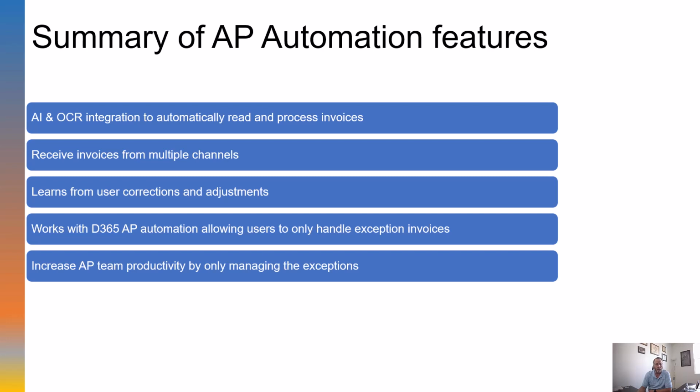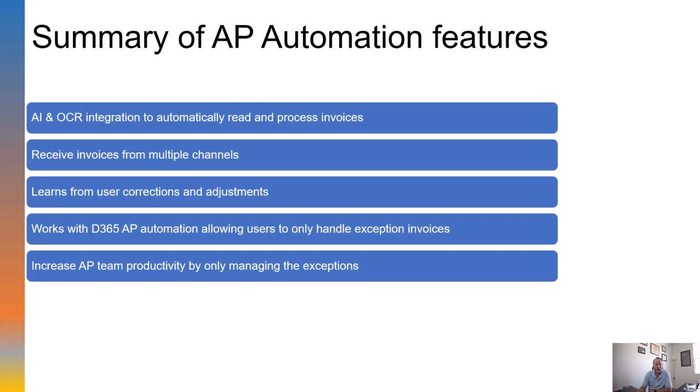The system is going to learn based on the corrections and adjustments you make as it progresses, so it will continually get better as it learns different invoice formats and layouts from different vendors. Once that moves into D365 Finance, the automation continues, really allowing you to only need to handle the exceptions.